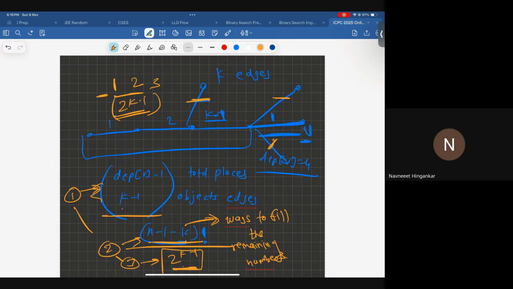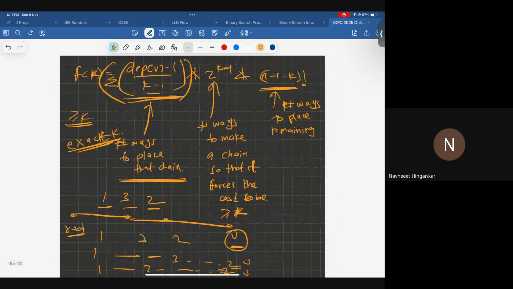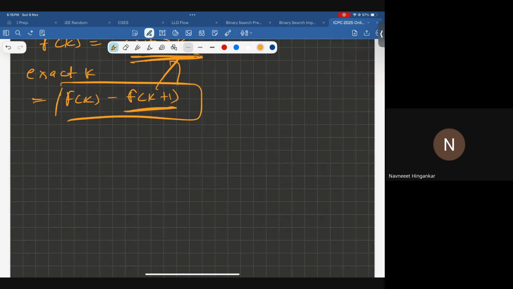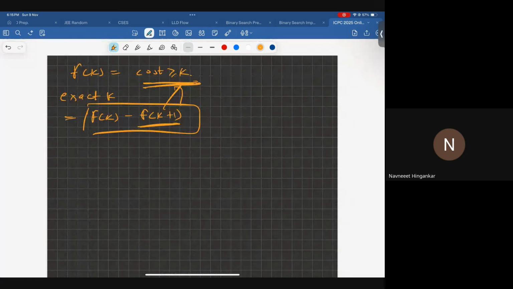But I don't know why I can't prove this to be 2 raised to the power k minus 1. This one was depth of v minus 1 choose k minus 1, and then the remaining factorial, and 2 raised to the power k minus 1 is the third factor, and the multiplication of that will give you cost greater than or equal to k. And to get exact k you need to calculate function of k minus function of k plus 1.